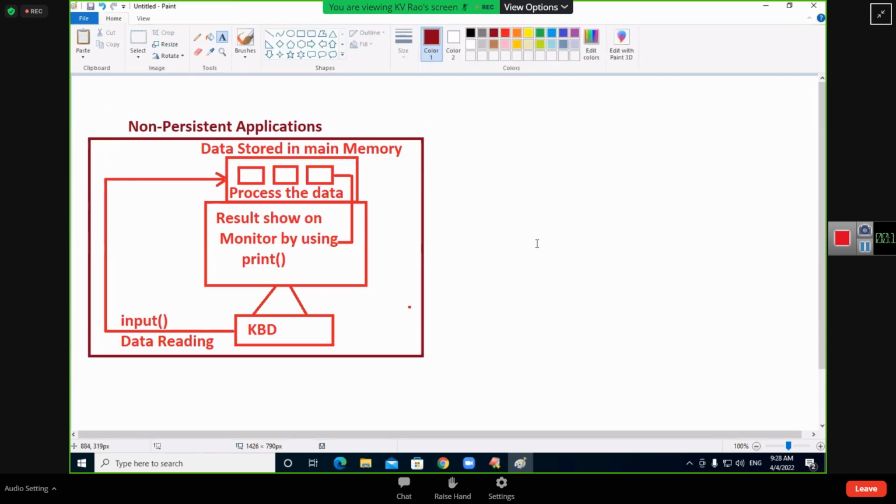Suppose banking transactions: they maintain the data permanently. For any organization, for data analysis, data processing and taking effective decisions, they need to store the data permanently. So some programming concept is required to store our data permanently.